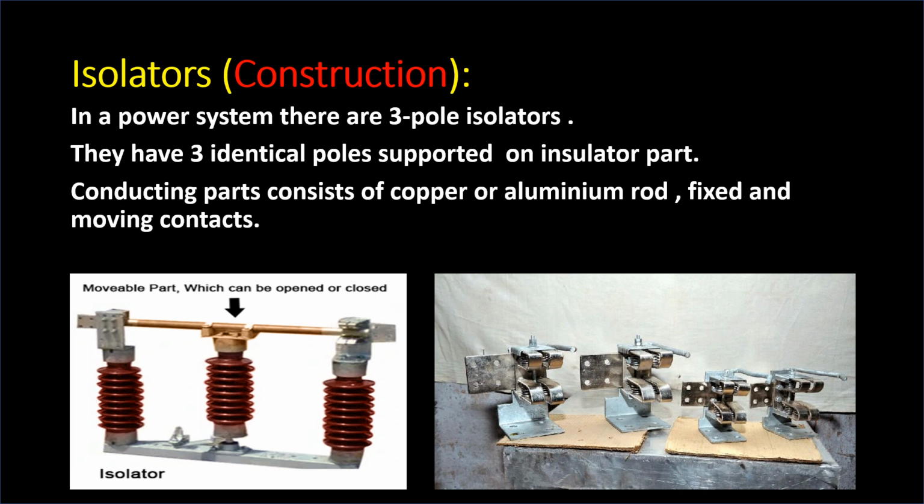The conducting part consists of a copper or aluminium rod, fixed and moving contacts. Such type of construction is there of fixed and moving contacts. At the center you will find the moving contact. So while operating this type of isolator, it will move, and these 2 parts are fixed.